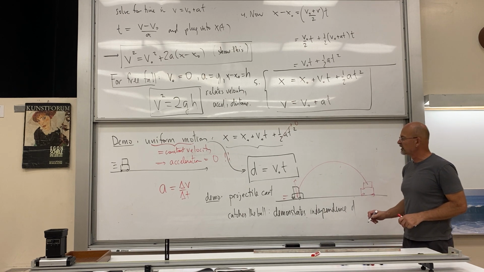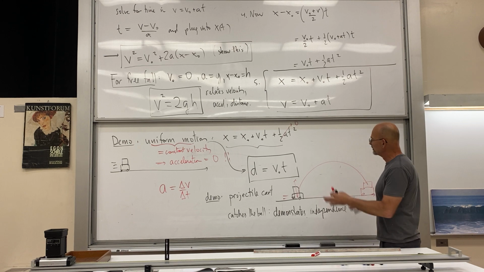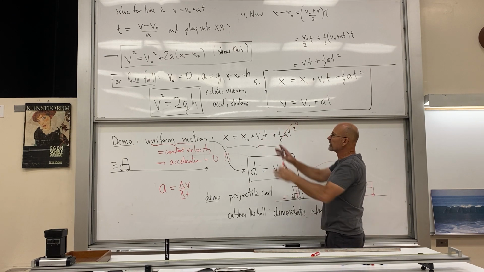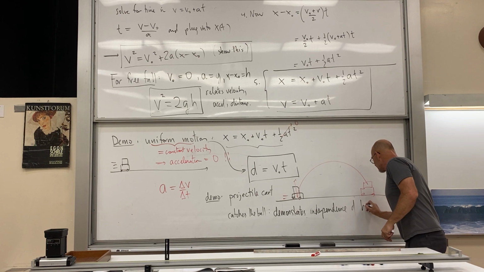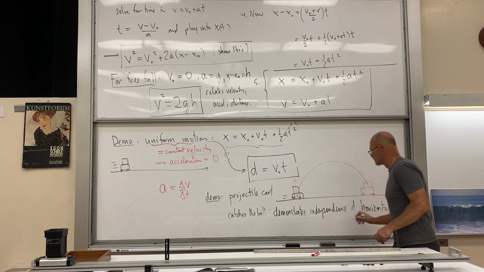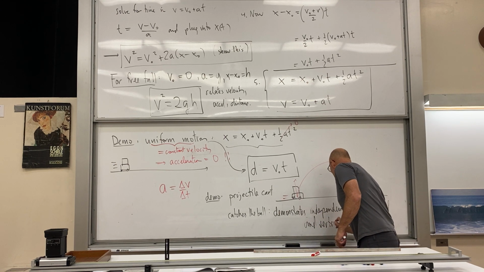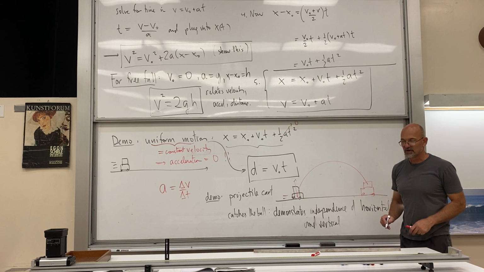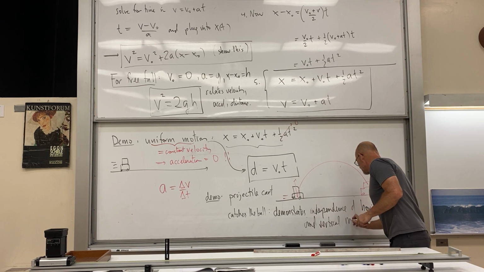Which means if we wanted to do calculations of this, it would not be difficult at all. First we'd do one, then we'd do the other, and they would both work. Independence of horizontal and vertical motion. And the reason that is functioning is because there's no friction or negligible friction. A lot of friction, all bets are off. Okay, horizontal and vertical motion.